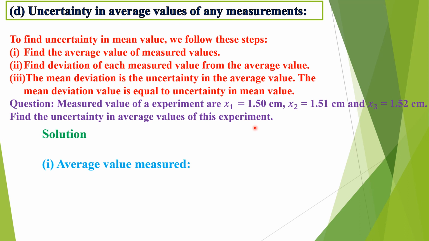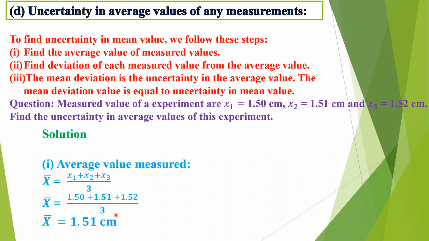By using step number 1, average value x is equal to x1 plus x2 plus x3 divided by 3, because the total number of measured values is 3, so we add them and divide by the total number 3. By putting the values, we get average value equal to 1.50 plus 1.51 plus 1.52 divided by 3, and then we get mean value equal to 1.51 cm.